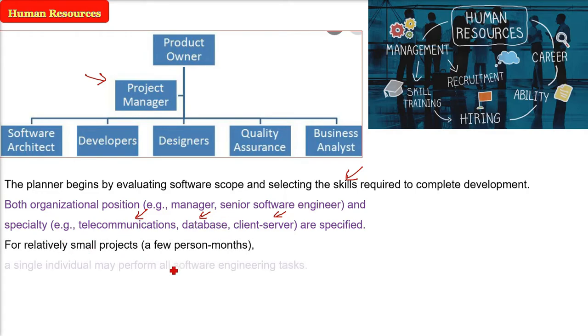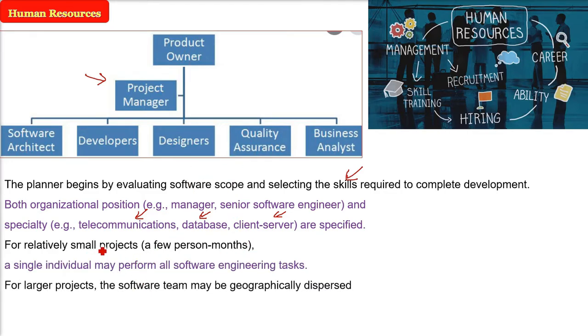If you have a small project, it can be done by one person in a few person months. A single individual can do it, we are not talking about that right now. For a moderate to large product, the software team may be geographically dispersed, one in LA, one in Nigeria, one in India. So the location of each human resource has to be specified.